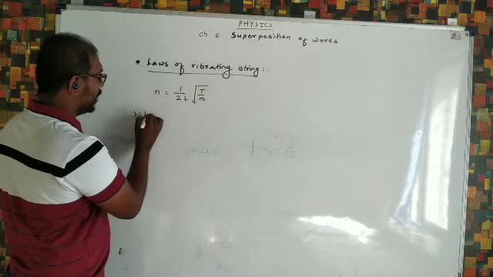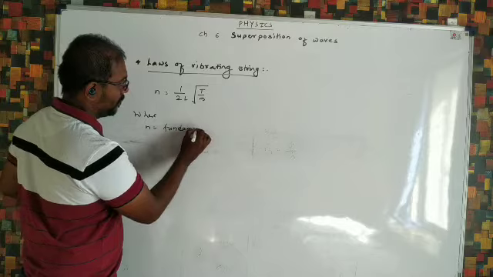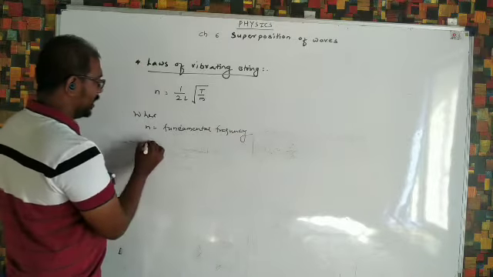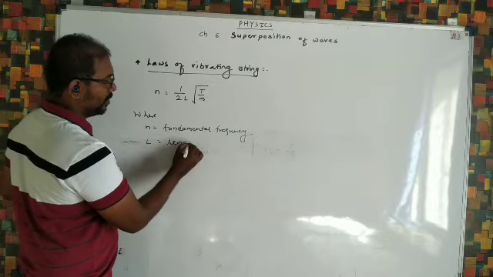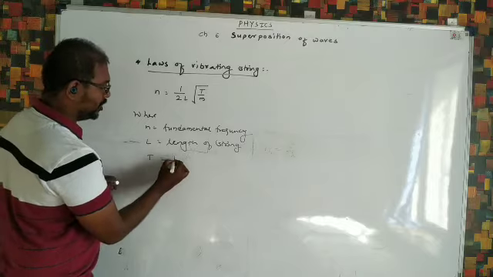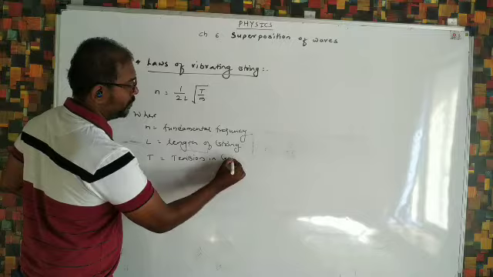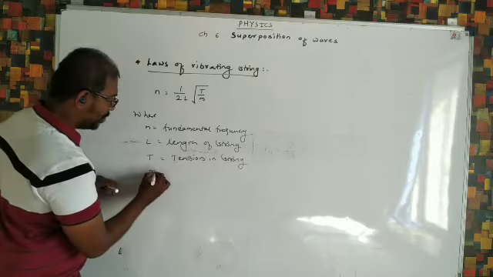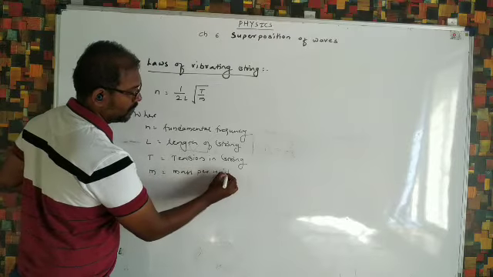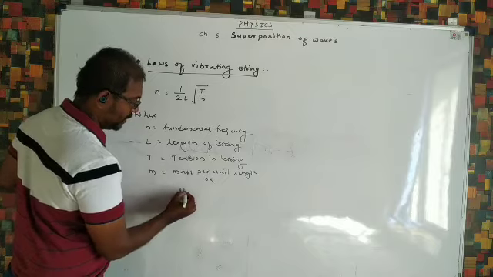In this formula, n is the fundamental frequency of vibration of string, L is the length of string, T is the tension in string, and small m is the mass per unit length. It is also called linear density.